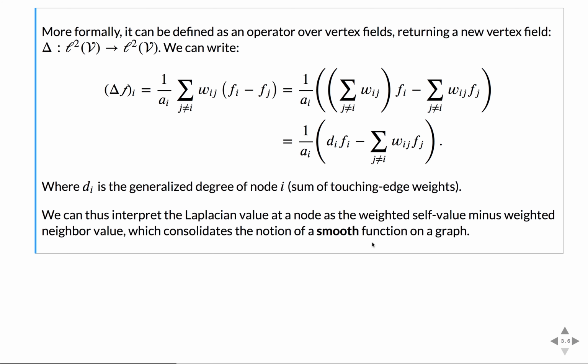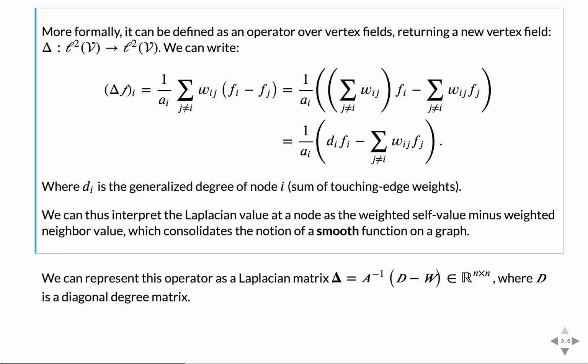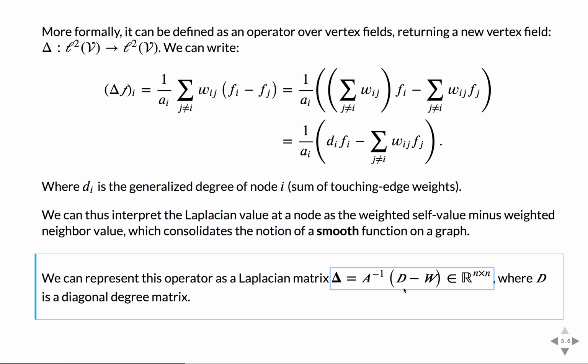Okay, so now that we have that, we can represent it as a matrix. So again, generally, if you have vertex weights, then you have this factor here. But usually, if you normalize your graph, then the regular Laplacian definition is just this degree matrix D minus the adjacency matrix.